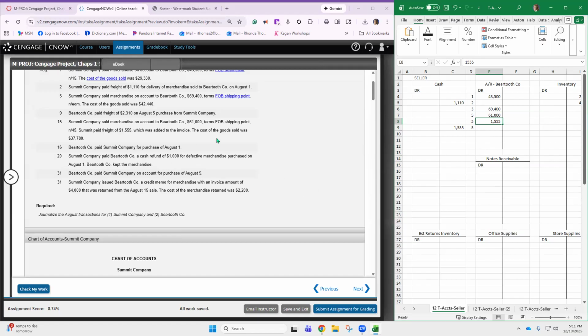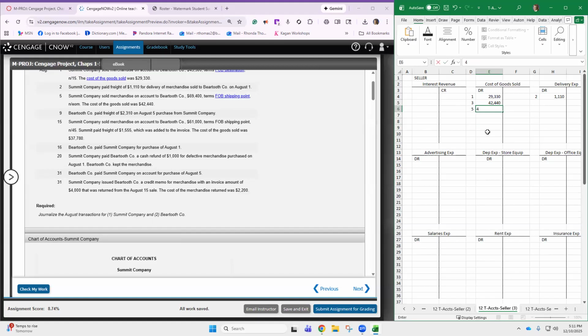And then the last piece of this is the cost of the goods that we sold. So then we want to go to the third tab for the seller. So the cost of the goods that we're selling has to be less than what we're selling it for. So it is $37,780. So you look at what yours says.